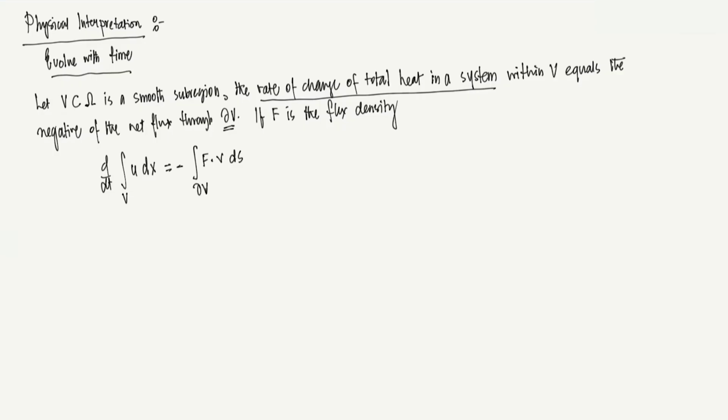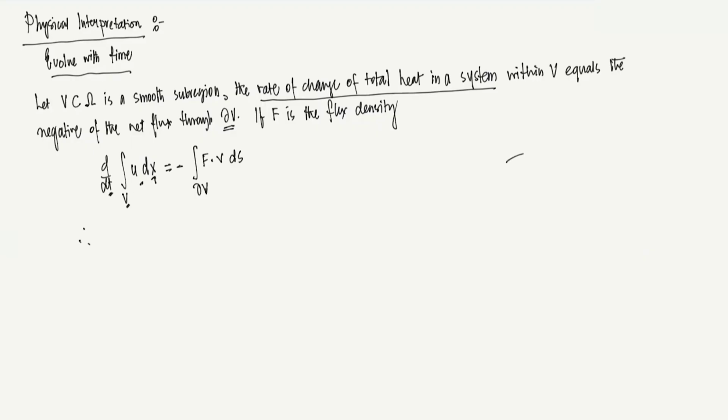Is it okay? Now you see, since this V is arbitrary, you can take the d/dt inside. The integral is with respect to x, and this V is in the variable x.